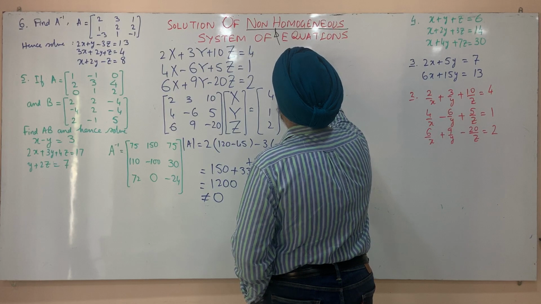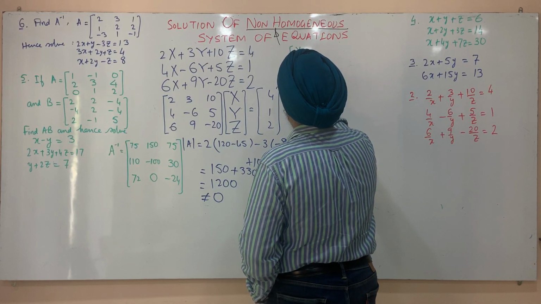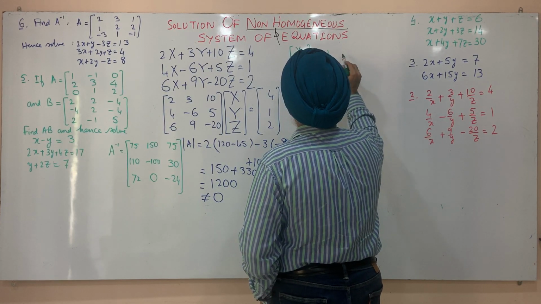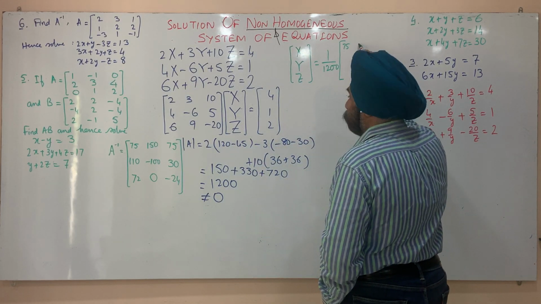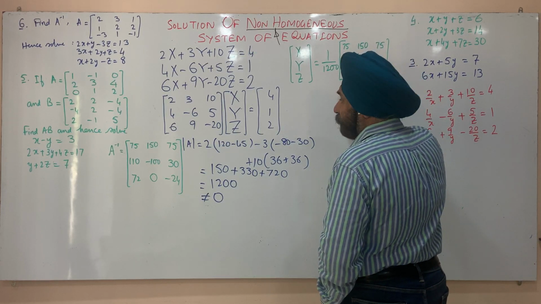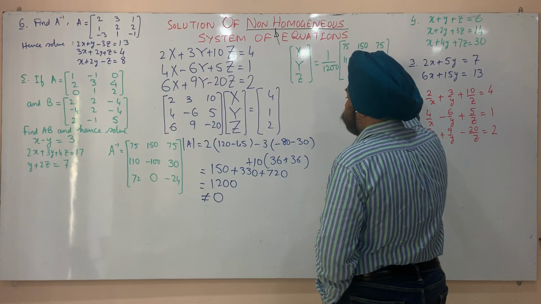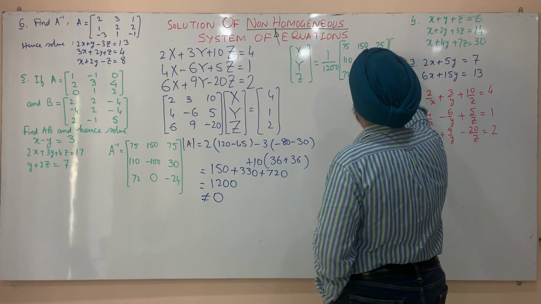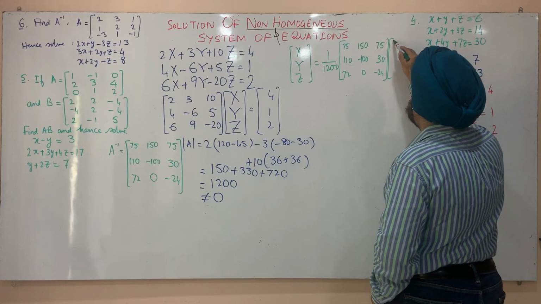So X, this matrix containing X, Y and Z, this will be 1 by determinant, then inverse, that's 75, 150, 75, 110 minus, this is 100, this is 30, 72, 0 minus 24, into these values. This is 4, 1 and 2.